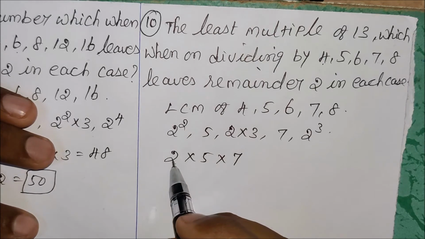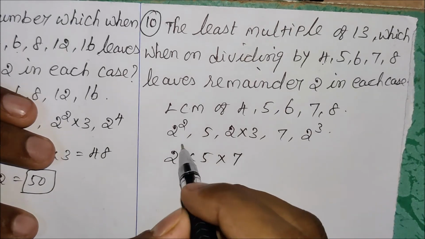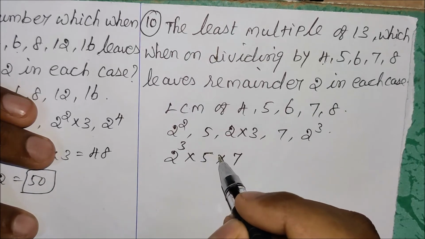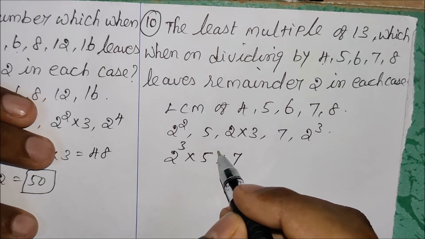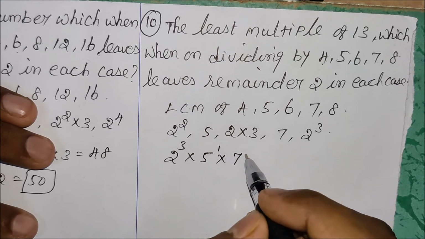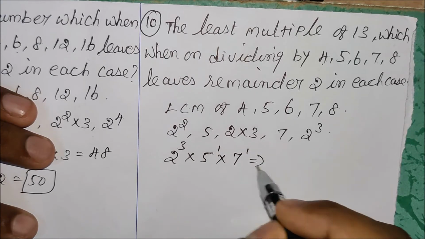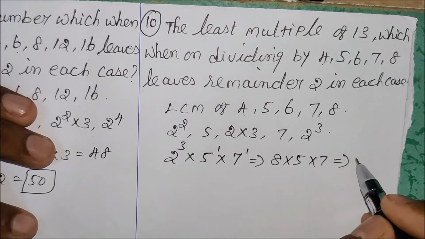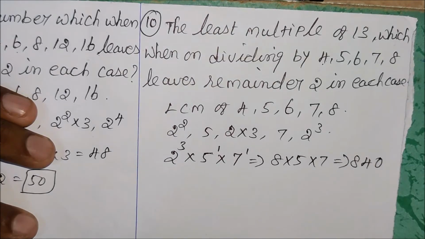The highest power for 2 is 2 cube, the highest power for 5 is 1, and the highest power for 7 is 1. So 8 into 5 into 7 gives 840.